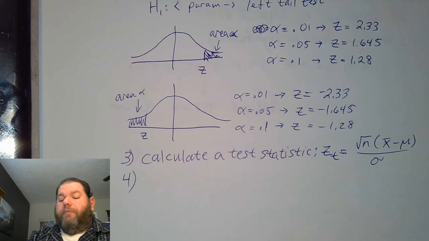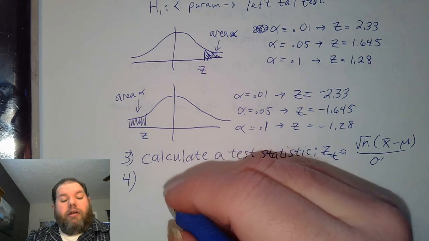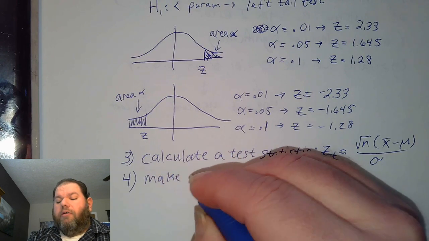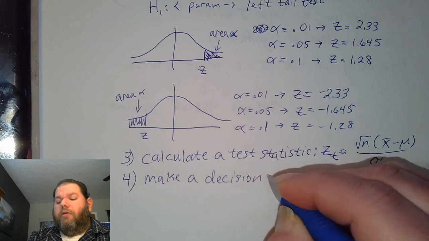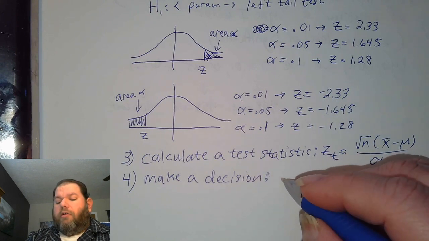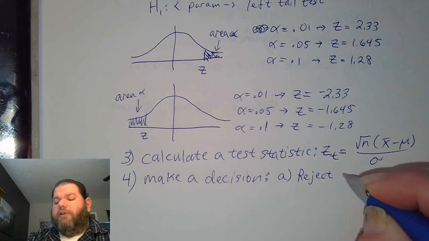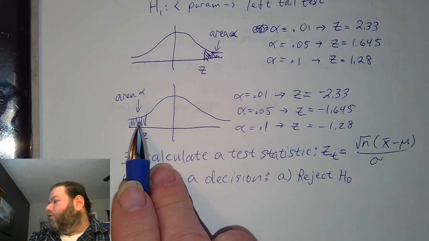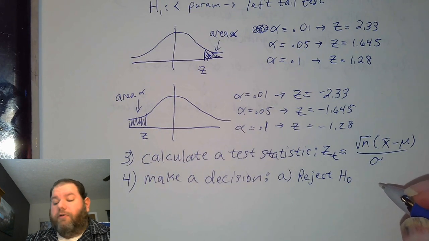Now 4, after we calculate ZT, we make a decision. A, we reject H naught if ZT is in the shaded region of the respective normal curve.